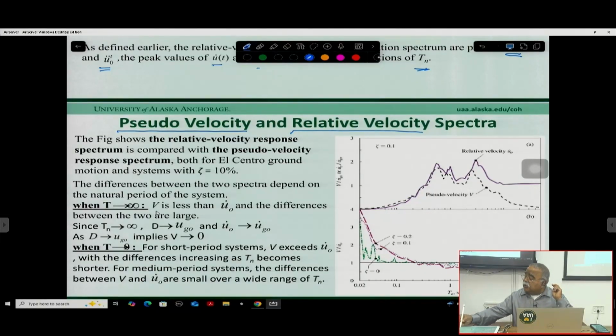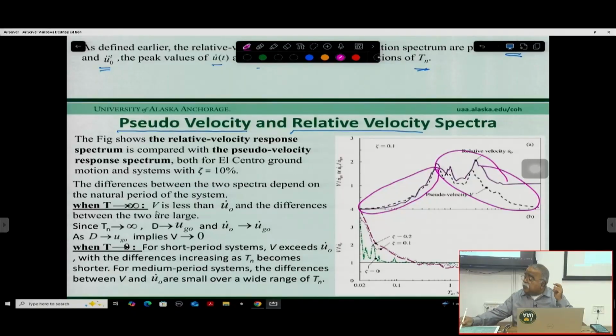For a particular earthquake, on the low time period side, they are more or less the same, right? There are no big variations. But after a certain frequency or time period, at the high time period part, they will be different, right?